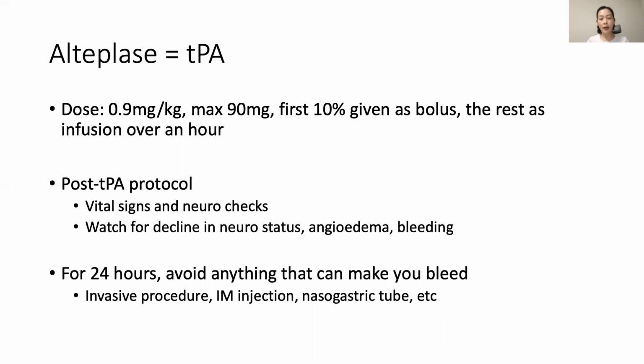There's a lot of talk about tenecteplase, and that was a hot topic in our International Stroke Conference last month. A lot of centers are making the switch or thinking about making the switch to tenecteplase because it's easier to give. It's just an injection. There's no hour-long infusion with tenecteplase.